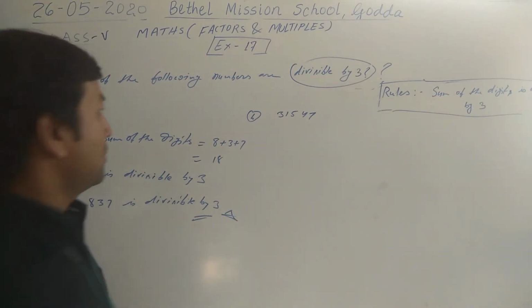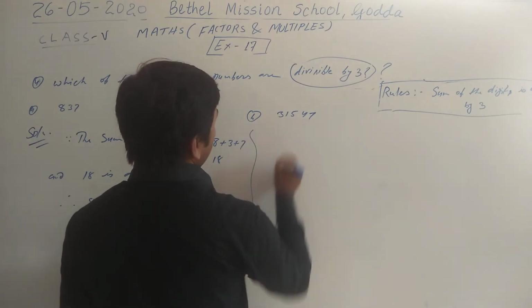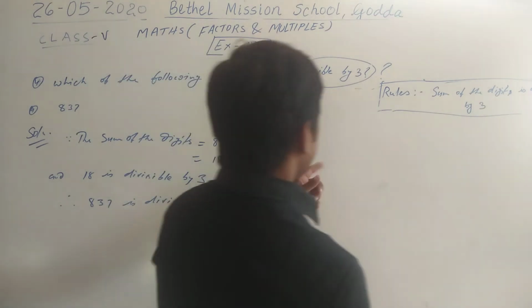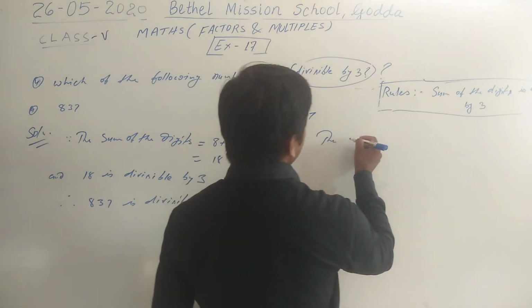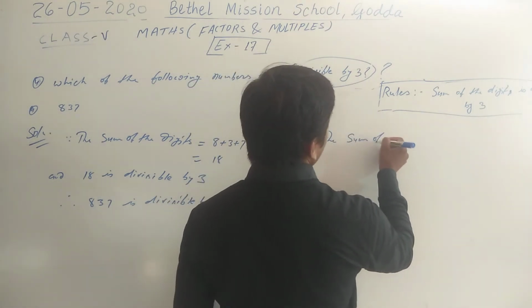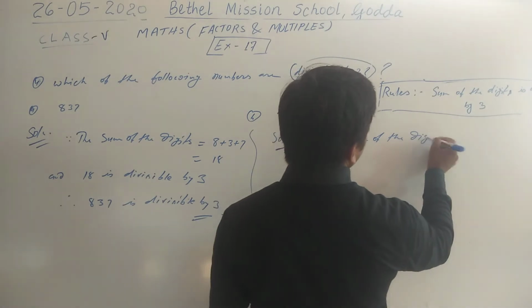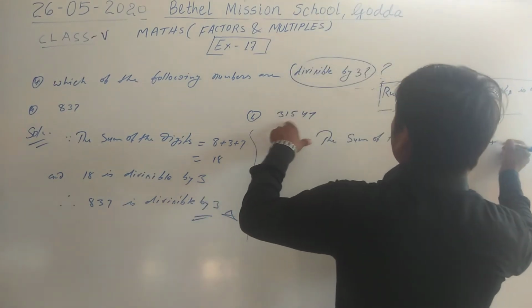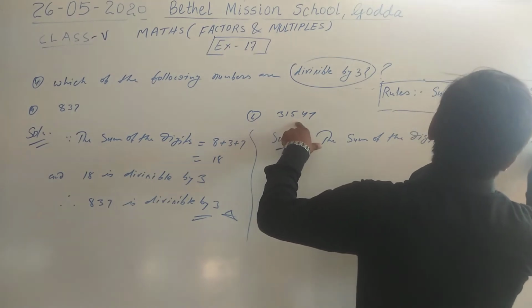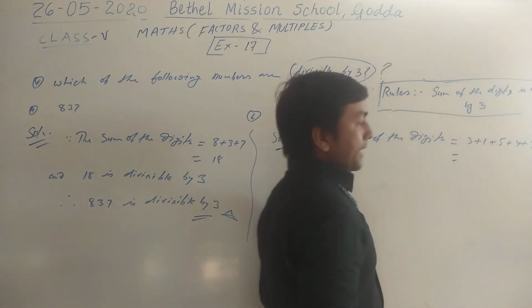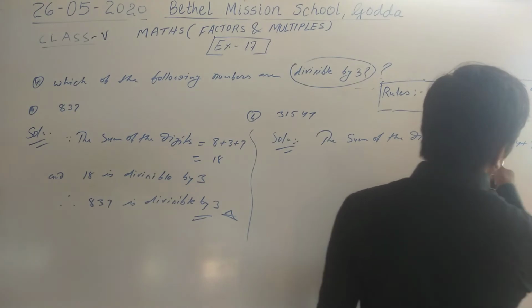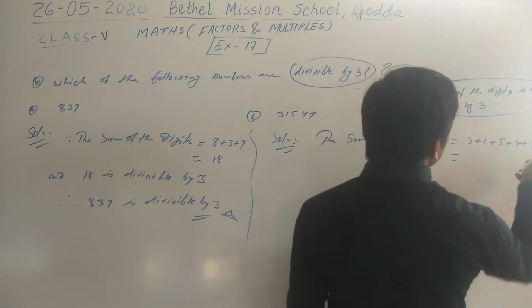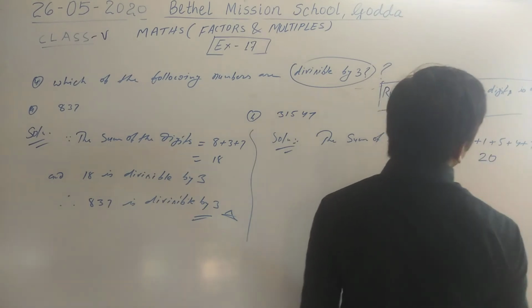I solve one more question. First we have to find the sum of the digits. The sum of the digits: 3 plus 1 plus 5 plus 4 plus 7. 3 and 1 is 4, 4 and 5 is 9, and 4 is 13, plus 7 is 20.